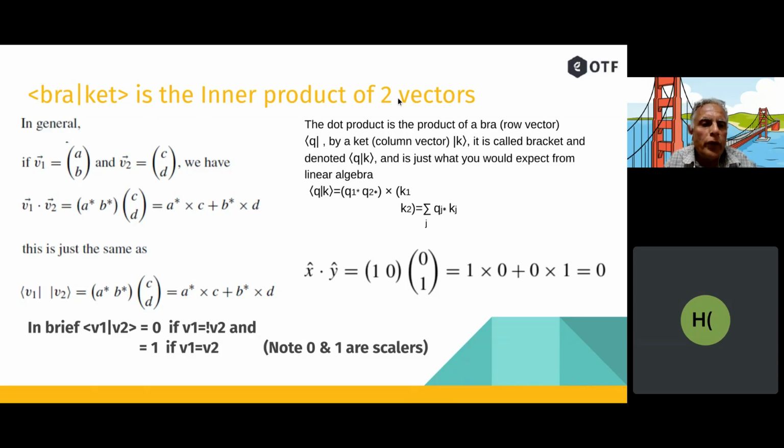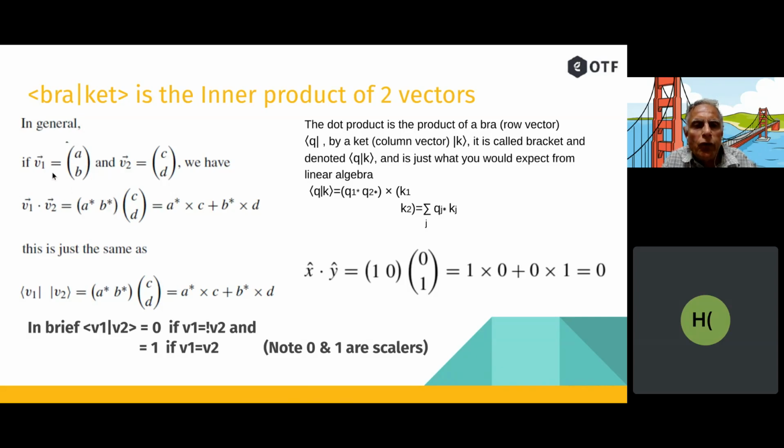So if you have two vectors, V1 with A B, column A B as a representation of it, and V2 as C D, and if you take a dot product, then you will calculate A star. We are taking the transpose and complex conjugate of it.